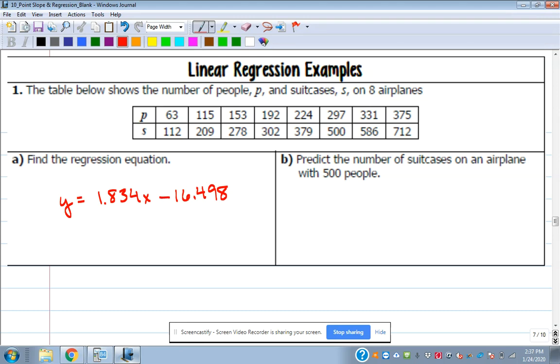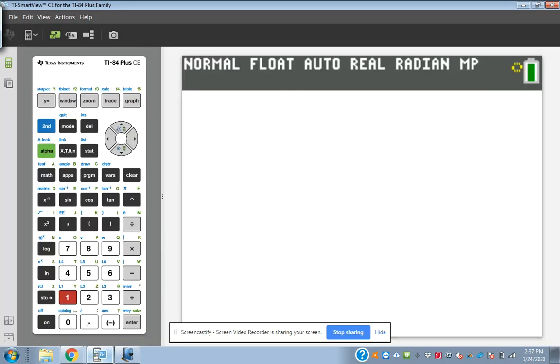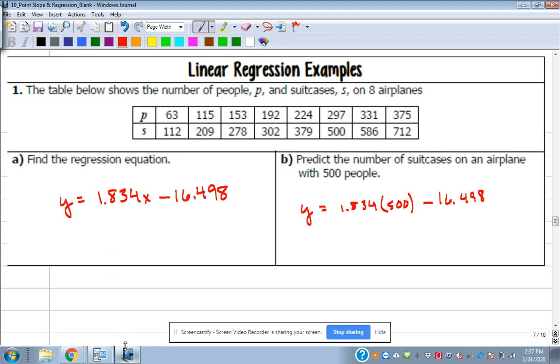Because P is for people. So X is the number of people, so we're going to plug in. I'm going to do that with the calculator. 1.834 times 500 minus 16.498.